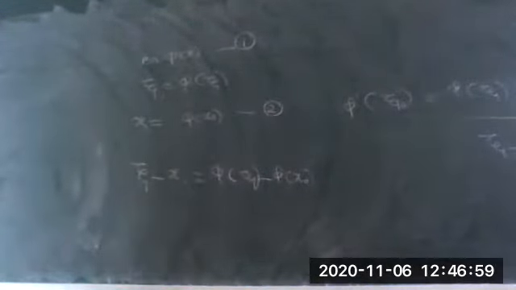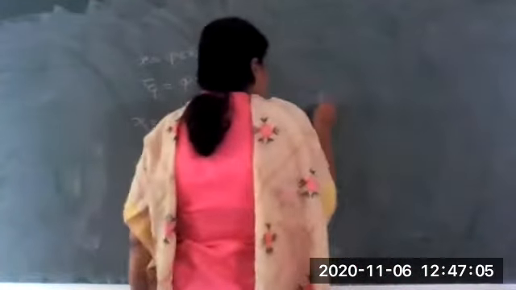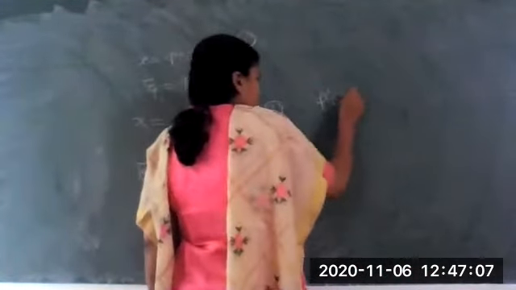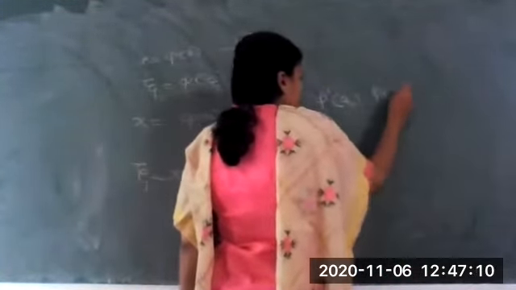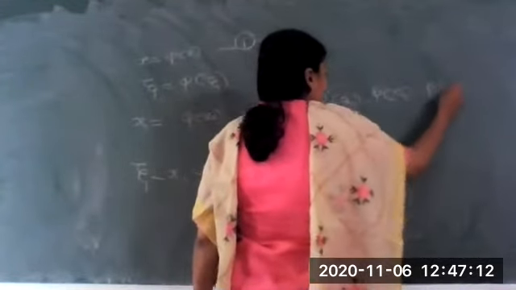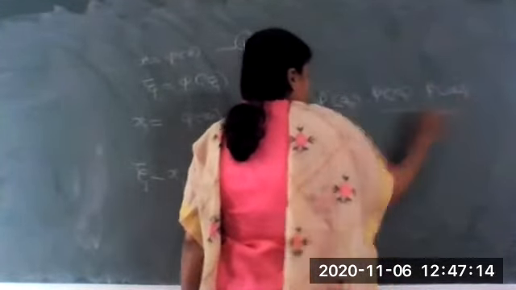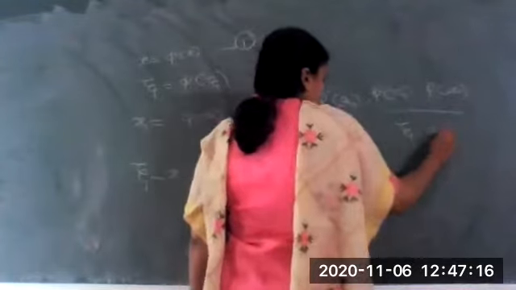This is the mean value theorem. I hope you remember it; if you are not getting this, you can search for what the mean value theorem is. So phi dash of zeta naught equals phi of zeta minus phi of x naught divided by zeta minus x naught.